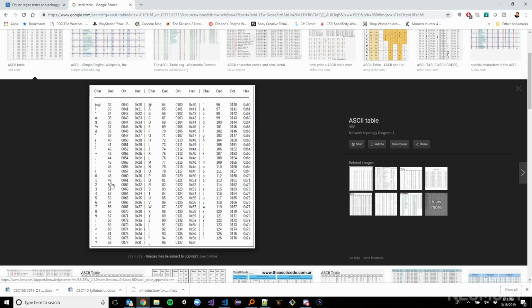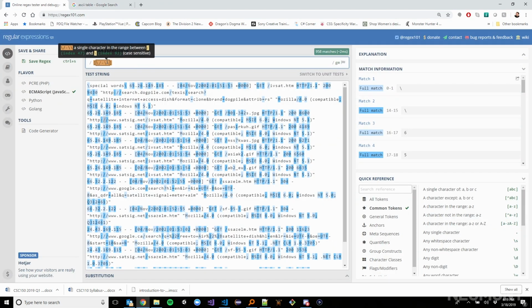And notice that at 47 is our forward slash, and at 92 is our backslash. Everything between values 47 and 92 is going to match in our regex because that is the numeric value of the range, index 47 through 92 inclusive.